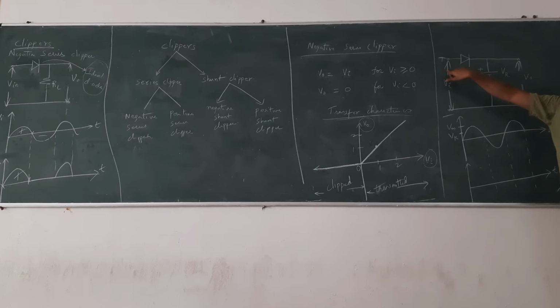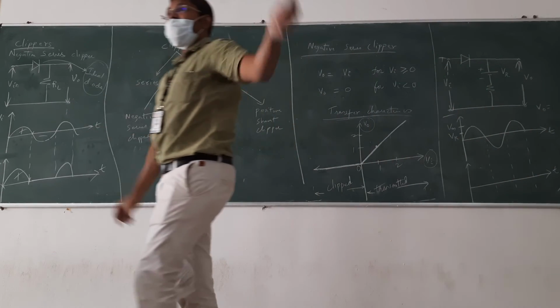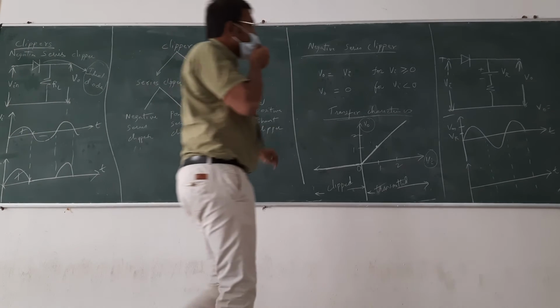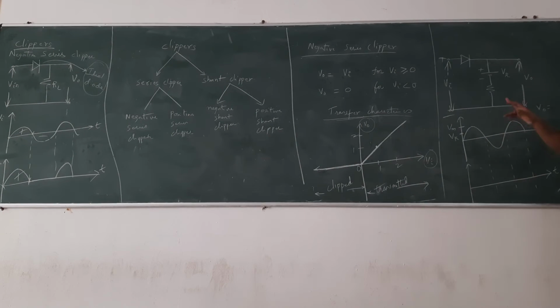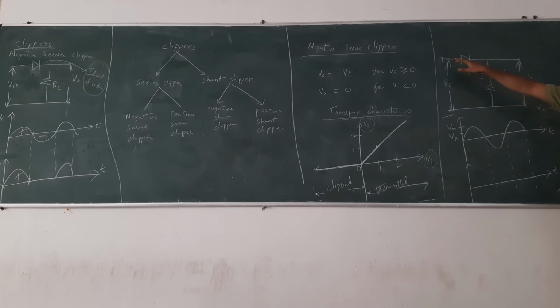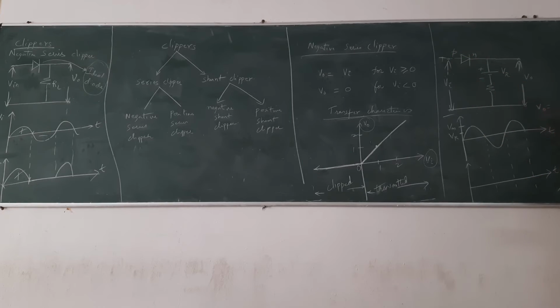See here, very easy, listen carefully. Easy scoring, clippers. If you understand one, in the exam they can modify and give any circuit. You have to think and answer. So the basic logic you have to understand. For Vi greater than or equal to VR, the diode is what bias? See, this is P side, N side. P side voltage is greater, so the diode will be forward bias. Forward bias means on.